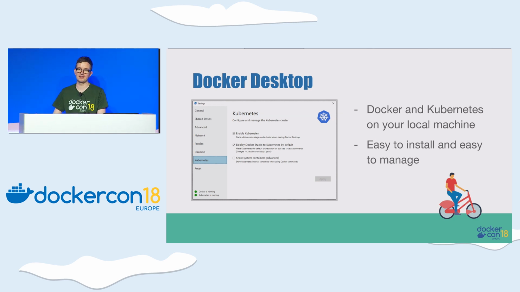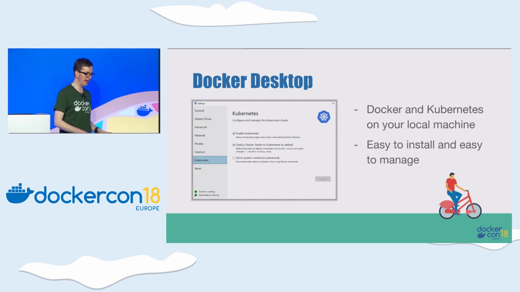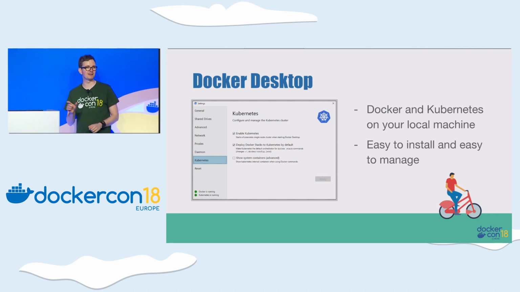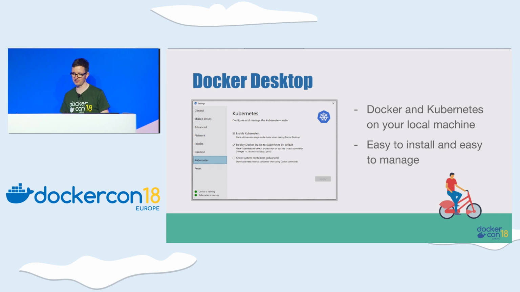So Docker for Desktop for Mac, for Windows, gives you a Docker environment easily, simply, singularly on your machine. You can be on the train, you can be on a plane, you can be using Docker. That was one of the things that appealed to me starting at Docker. Having been a Docker user, I do unfortunately spend too much time traveling. But having a local Docker environment is really powerful.